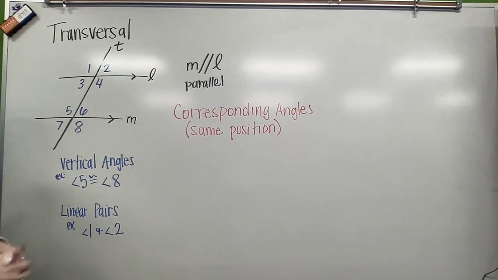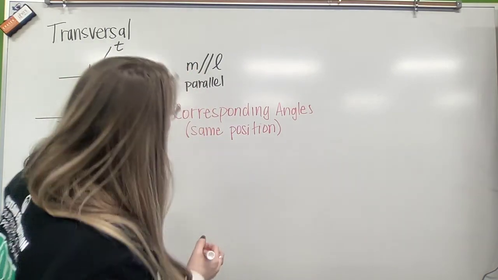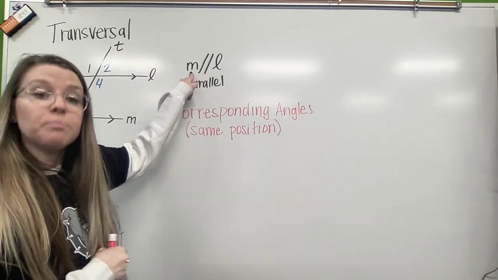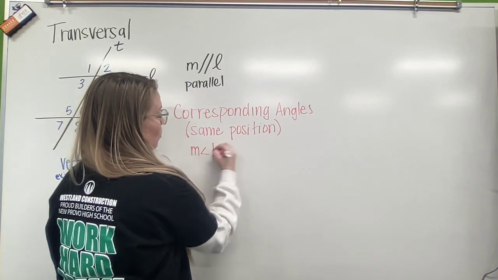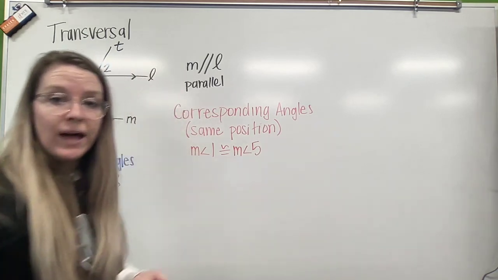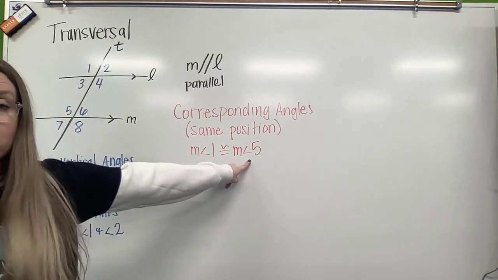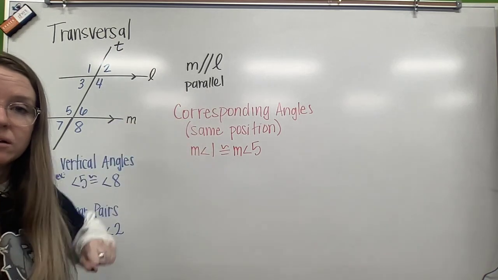So 1 and 5 are corresponding angles. And because our two lines are parallel, we actually can now say the measure of angle 1 is congruent to the measure of angle 5. 1 and 5 are corresponding, and they're congruent because my lines are parallel.